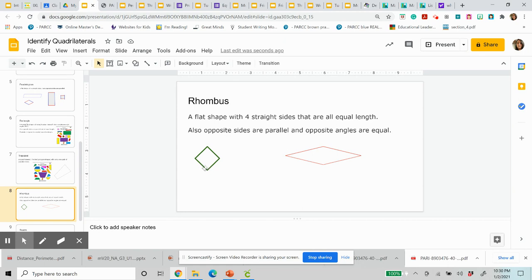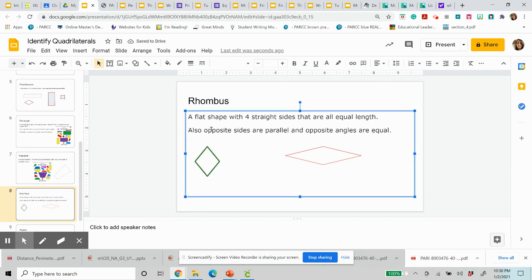Now, what's the difference between, let me just do this a little bit here and there. It says opposite angles are equal. So that's how it's different than a square. Okay, a square has to have four right angles, but the angles, see, these are large angles, these two, and these two are skinny angles.